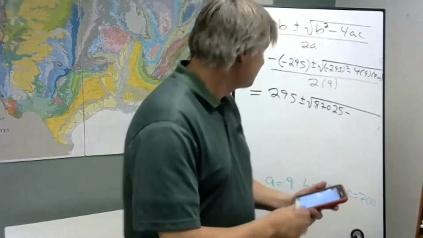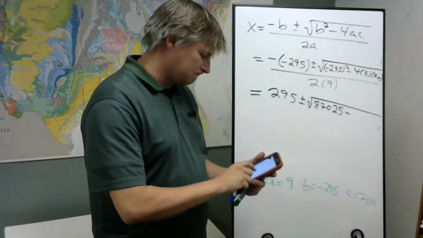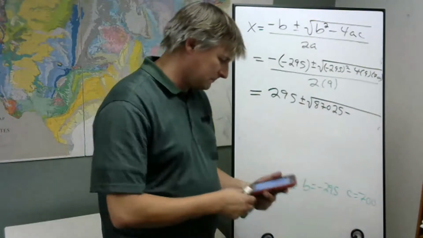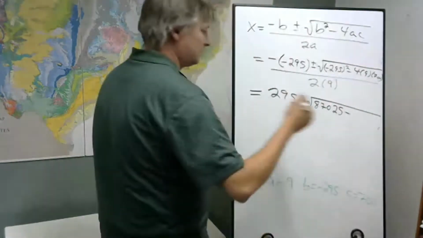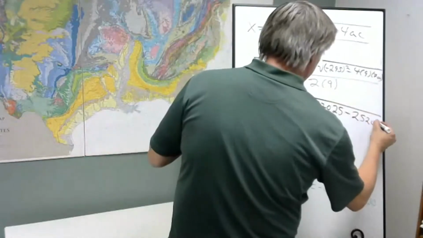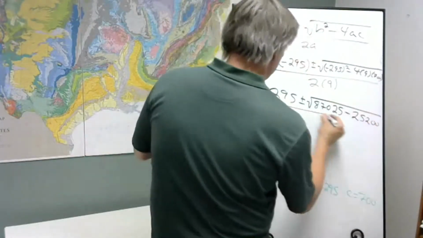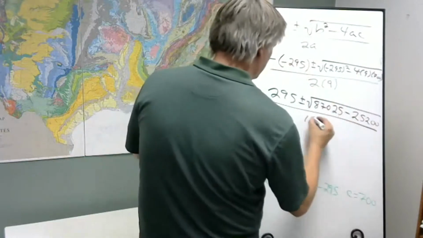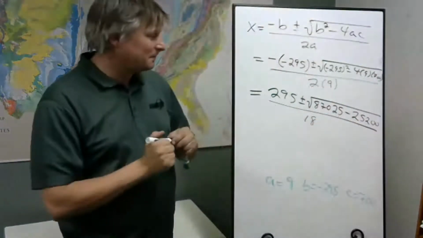Let's see. So we get 25,200 divided by 2 times 9, which is 18.